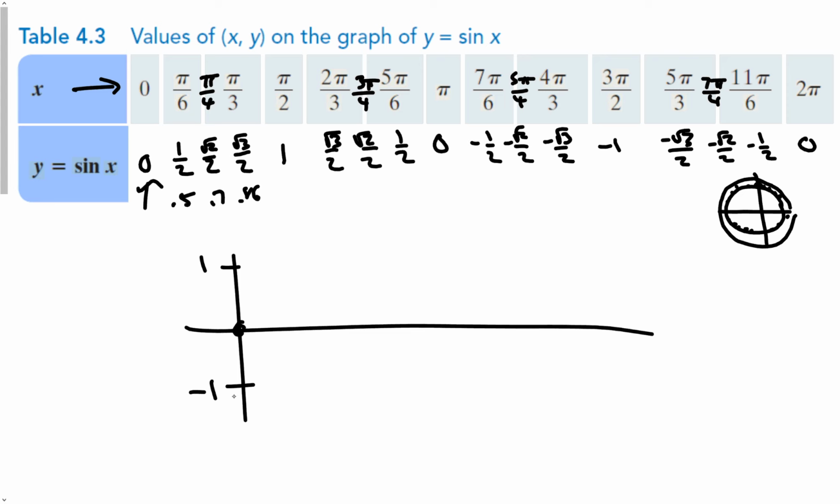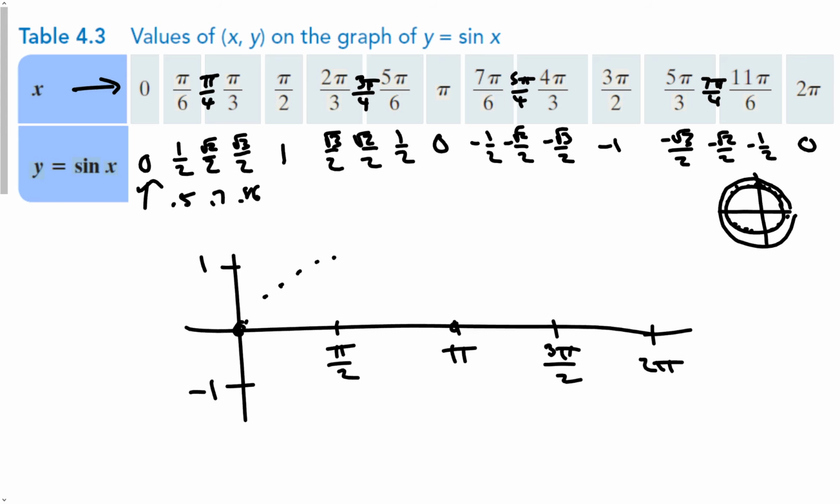While these are numbers, output values, these would have to be values of pi. 3 pi over 2, and then 2 pi. So it's going up. At pi over 2, it's 1. So we got some coordinates like this.